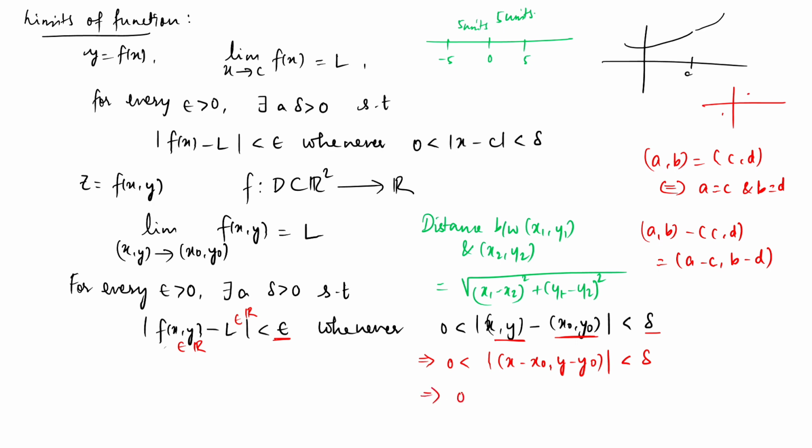So this is going to be 0 less than under root x minus x naught whole square plus y minus y naught whole square. This quantity has to be less than delta. Considering all these things, now let us define the limit in a formal way, that is the definition of a limit.